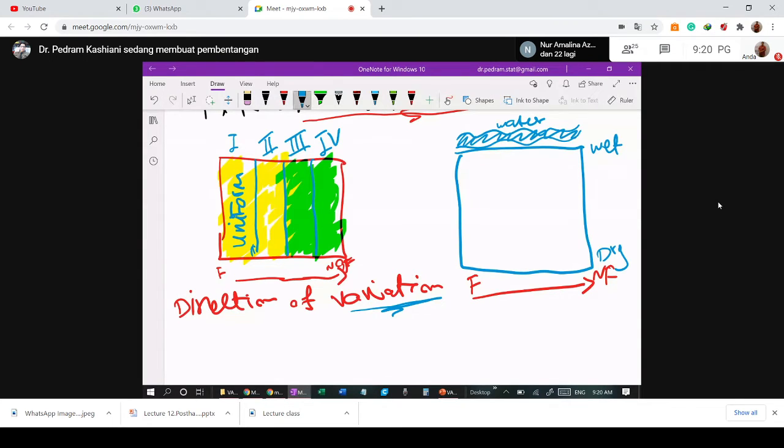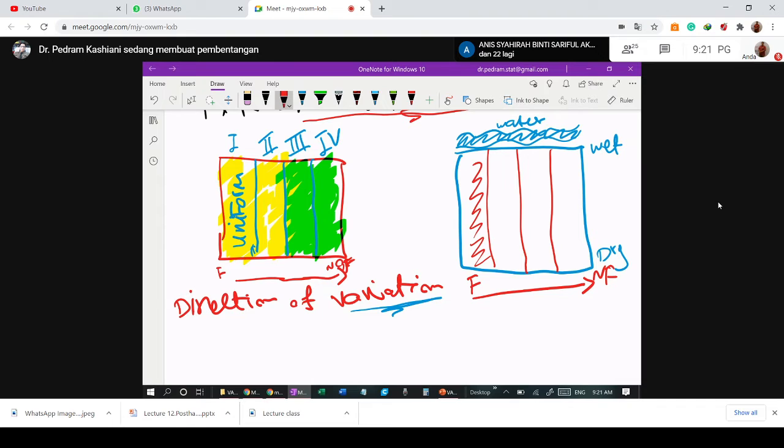So now the question is this: which way should I block? If I block from top to bottom, I do it one time, top to bottom. Let me use red, so you understand red is blocking by fertility. So from up to bottom, if I block like this, yes, in block one, all my soil is fertile.